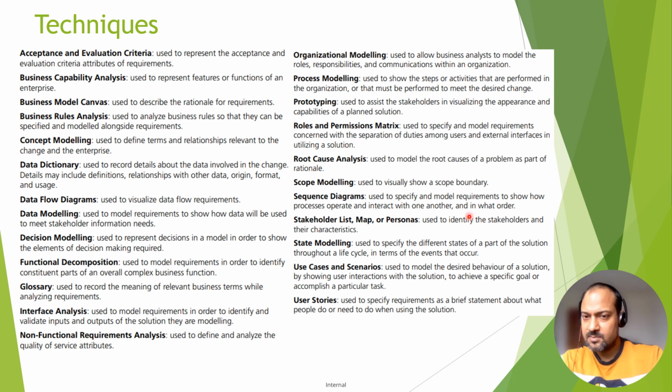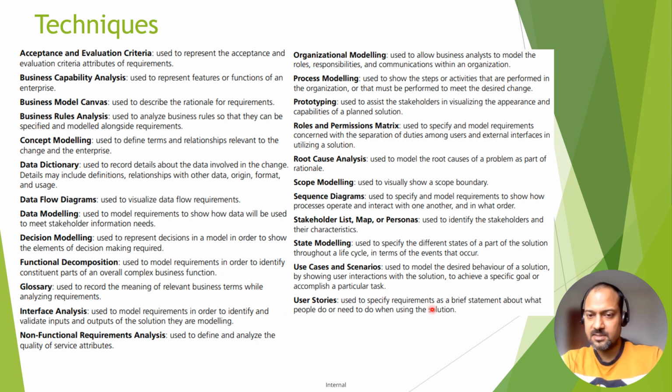Sequence diagram used to specify and model requirements to show how processes operate and interact with one another and in what order. Stakeholder list, map, or persona used to identify the stakeholders and their characteristics. State modeling used to specify the different states of a part of the solution throughout the life cycle in terms of the events that occur. Use cases and scenarios used to model the desired behavior of a solution by showing user interaction with the solution to achieve a specific goal or accomplish a particular task.